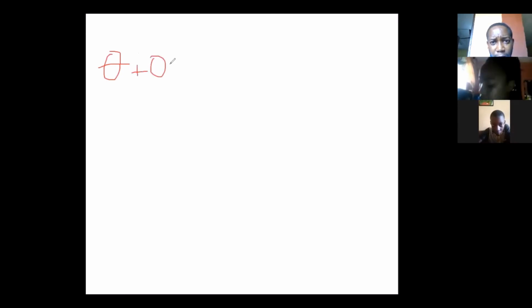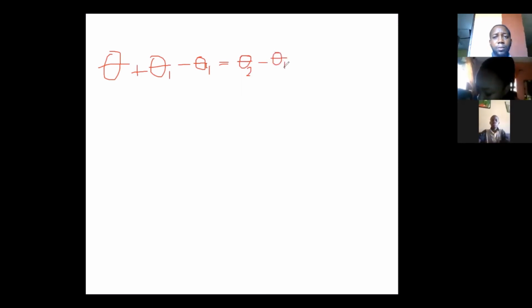So if we subtracted theta 1 from both sides, we should have theta plus theta 1 minus theta 1 equals theta 2 minus theta 1.